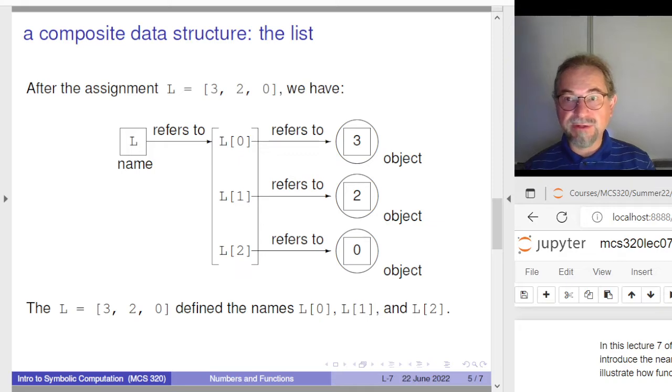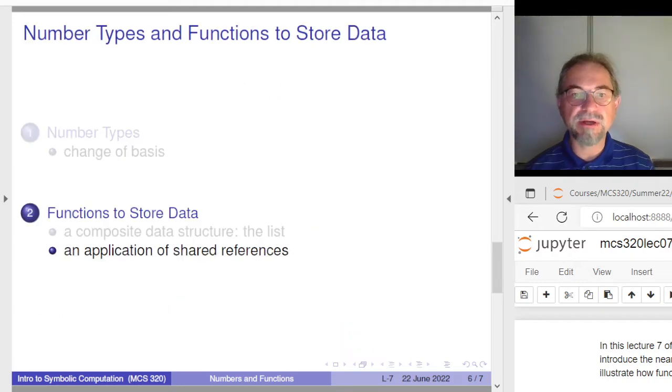So lists are very useful also to share data. That's another very common technique that one uses for sharing data among different variable names. How can we apply this?